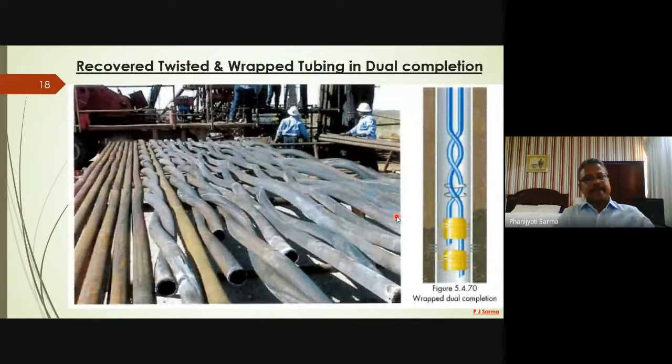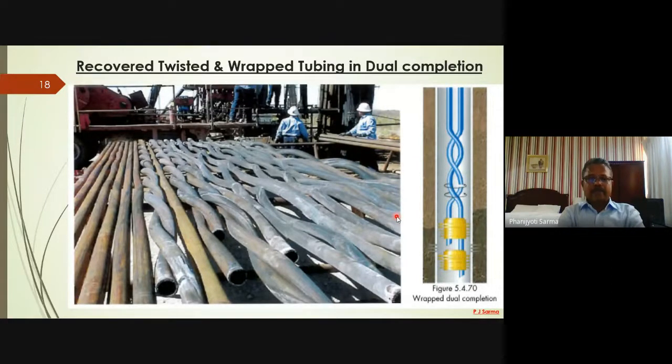And there is another type of failure, like you can see, a dual completion. You might know sometimes the well is completed with a dual string. One string is completed to a particular zone, and then another string is completed to another zone. So you can simultaneously produce without commingling the production.